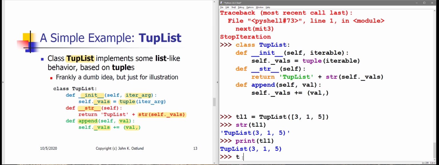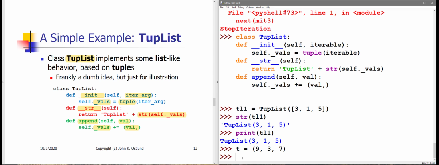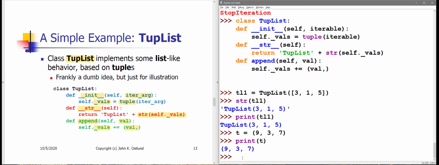Let's imagine that I do just have a tuple containing 9, 3, 7. So here's my tuple. And if I say t gets t plus, let's say, (-4,).